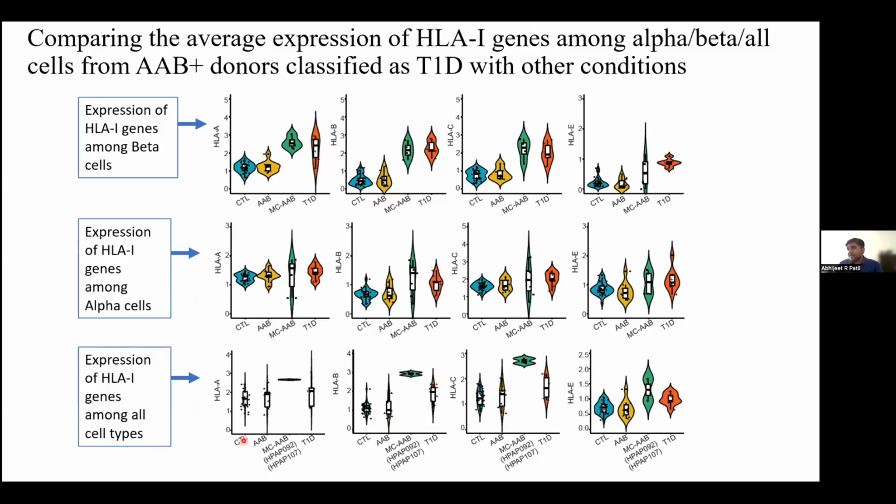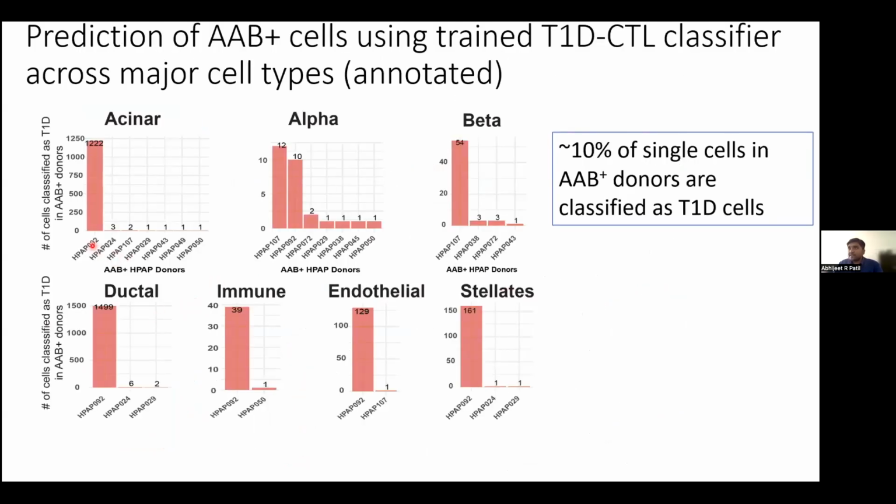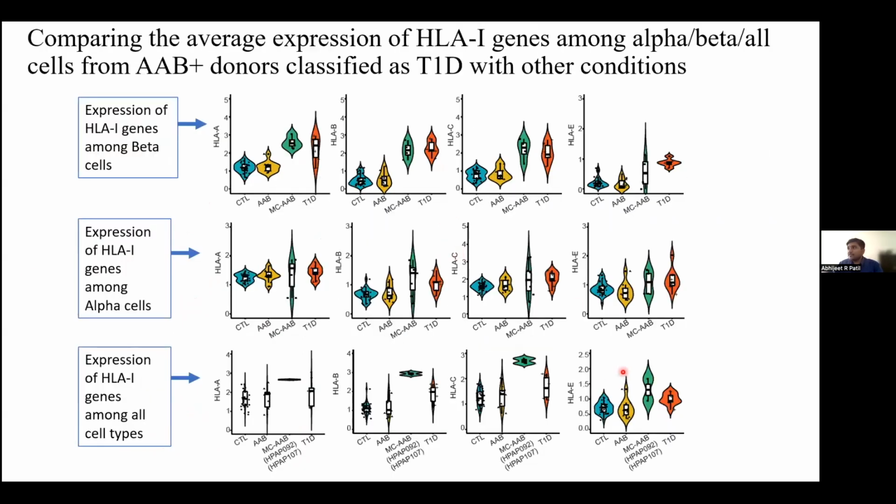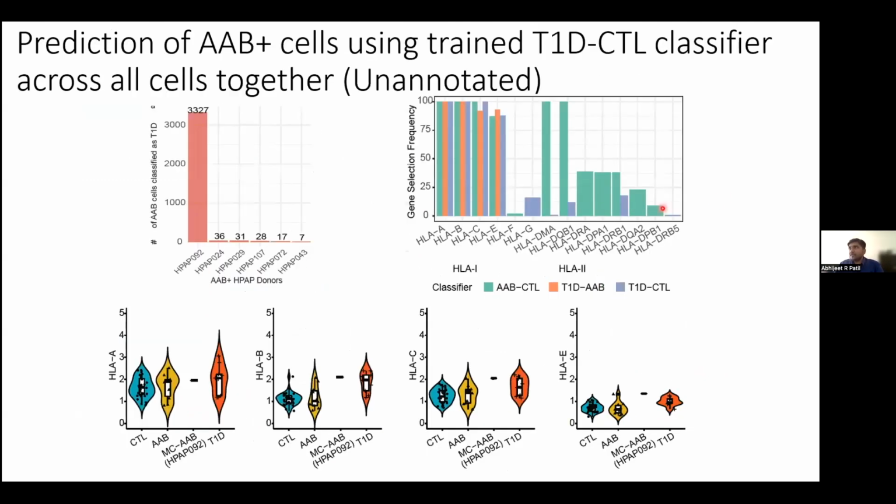In the all cell comparison, we chose these two donors in particular, HPAP92 and 107, because these two donors were found to be highly classified as type 1 diabetic in this comparison. So we saw similar transcriptional signatures, especially for MHC class 1, for misclassified autoantibody cells from those particular donors.